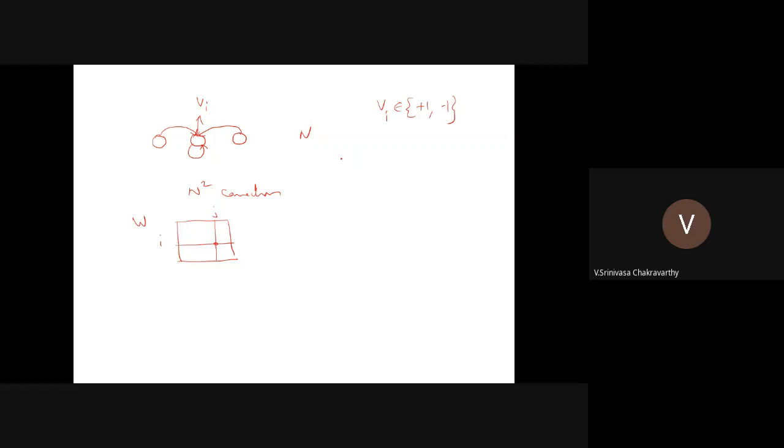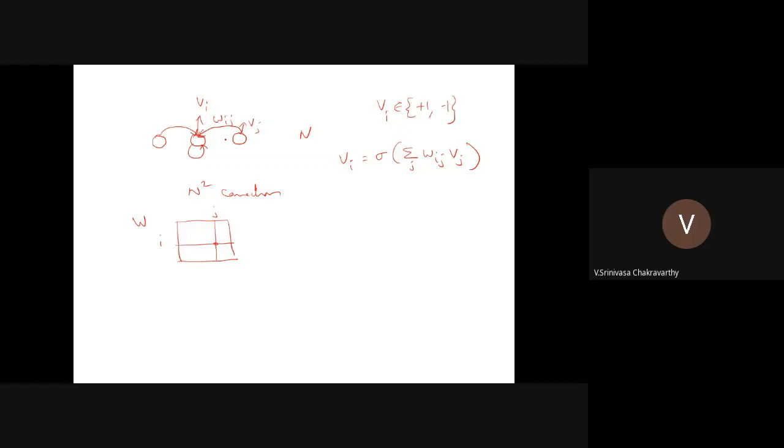So how does it work? vi is equal to sigma of the sum over j of wij vj. vj is the state of all the other neurons, right? So you take a linear sum of the vj's, where wij is the connection from j to i.